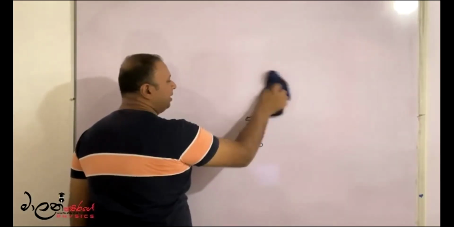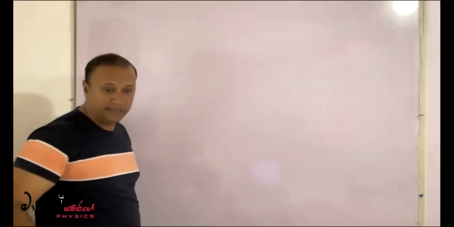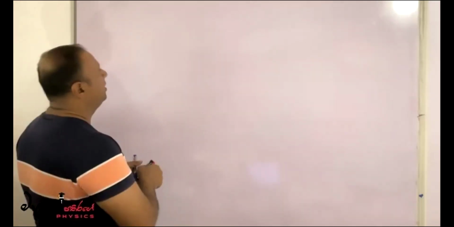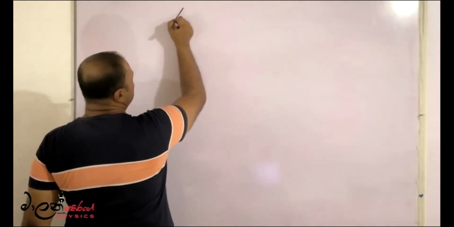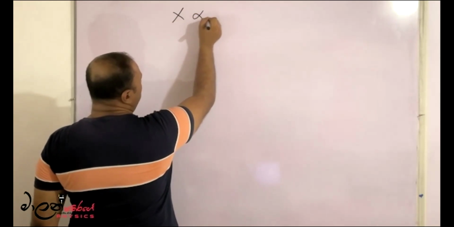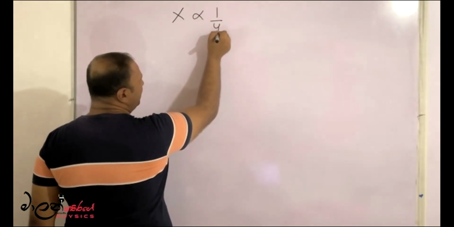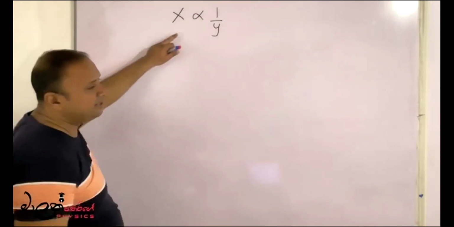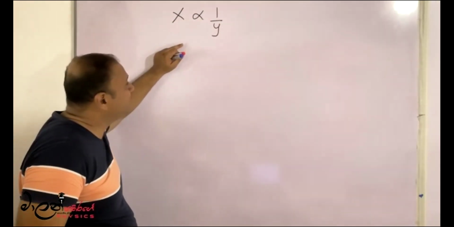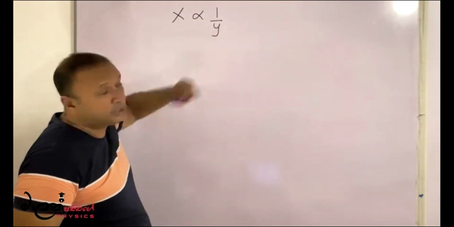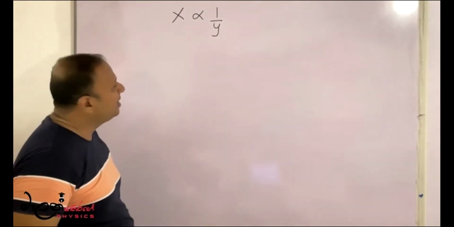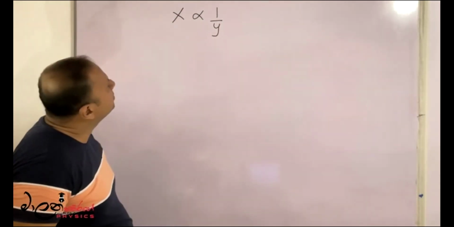Then I can write this one as a symbol. Symbolically, I can represent this: x indirectly proportional to y. Normally we write x indirectly proportional to y, the same symbol.